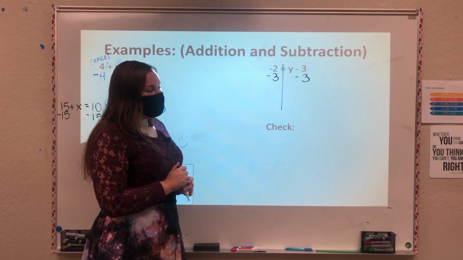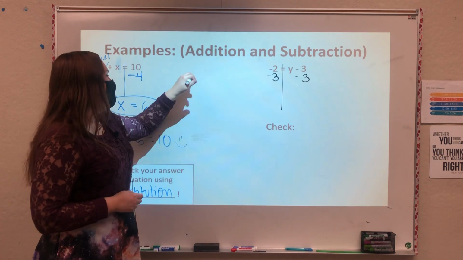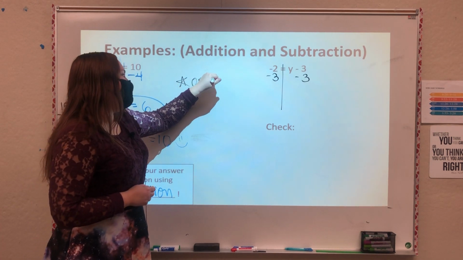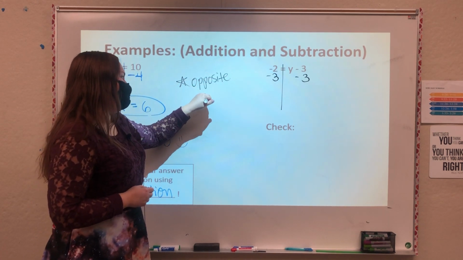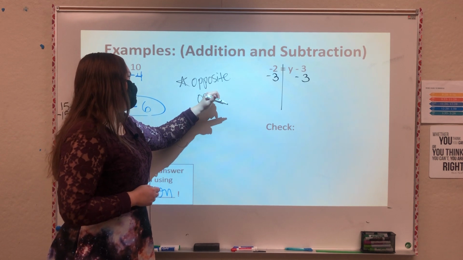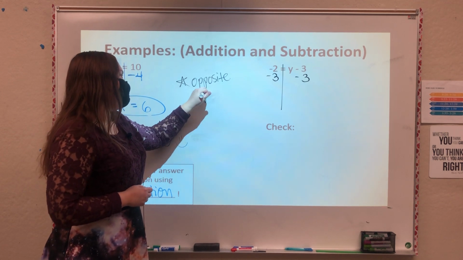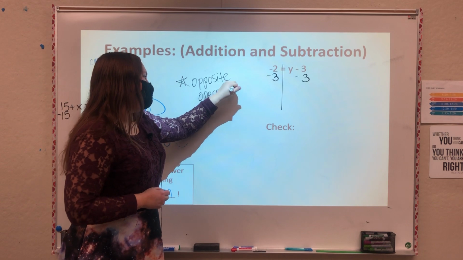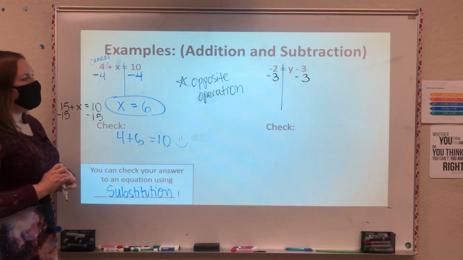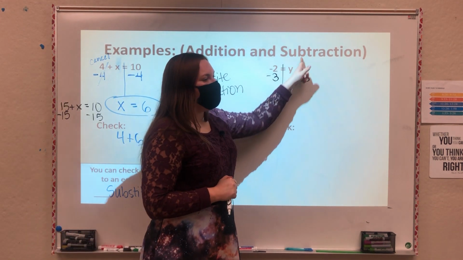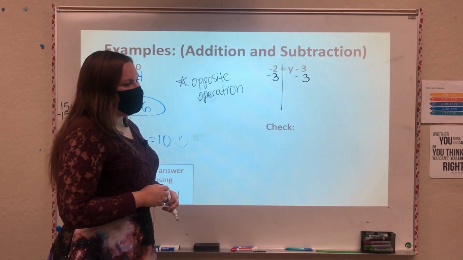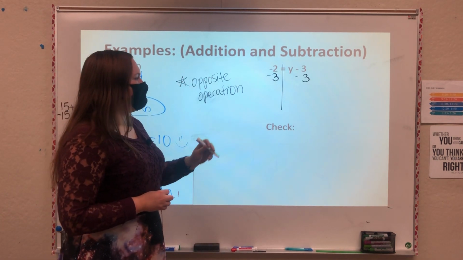We add. Why am I going to add? Opposite to solve. That's not right. We're always doing the opposite operation. So when you told me minus 3, that wasn't the opposite. The opposite of subtraction. Addition. Okay.